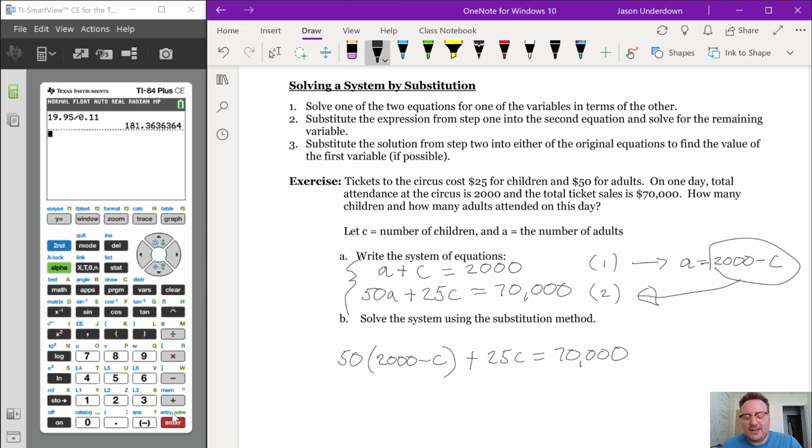Now what have I done? What do I have now? I have a single equation in a single variable. I can solve this for C. Let's do that.